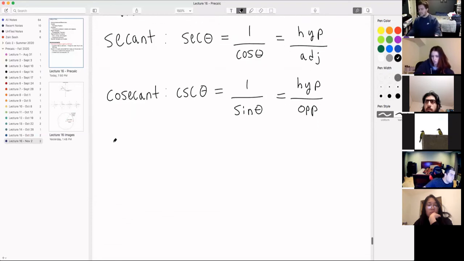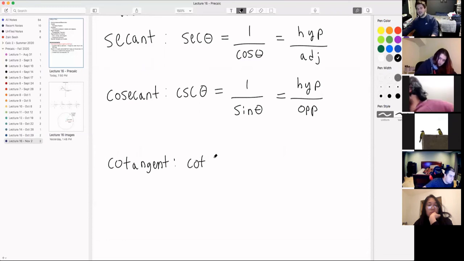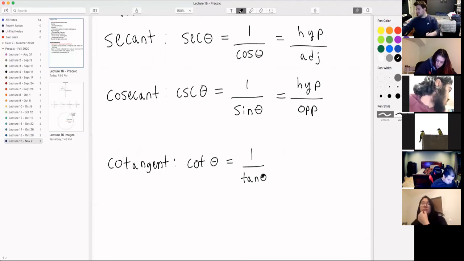Last one, cotangent. The notation for this is cot theta, cotangent theta, and this will be the reciprocal of the tangent function, 1 over tangent. Then you work this out.